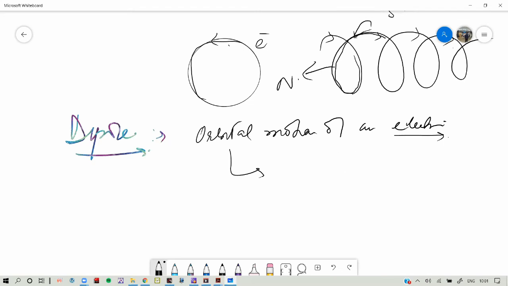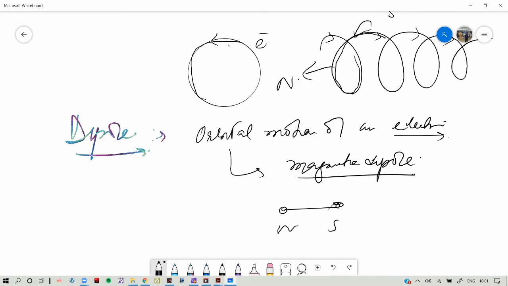So we have a magnetic dipole. So that means when we have a magnetic dipole like this, north south, where it is from south to north dipole moment like this, then it has a dipole moment.